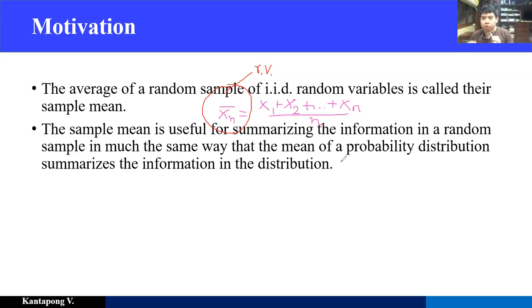But if you were to collect multiple times, surely you could get different X n bar. This is called the sample mean. Sample mean is useful for summarizing the information in a random sample in much the same way that the mean of a probability distribution summarizes the information in the distribution.